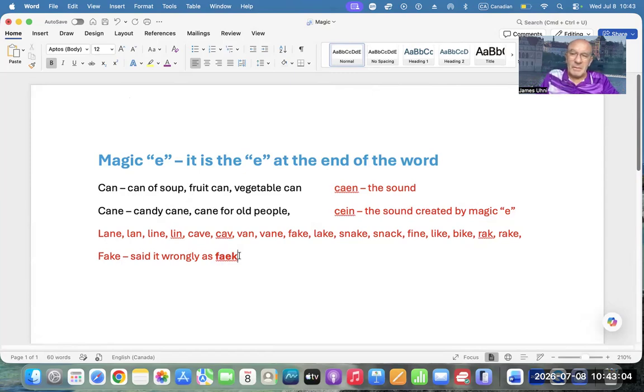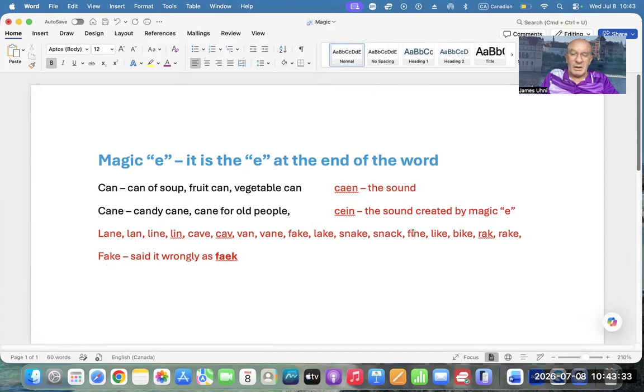So please, whenever you learn English words and you see E at the end of the word, it is fake, it is lane, it is line, it is cave, it is vein, fake, lake, snake.